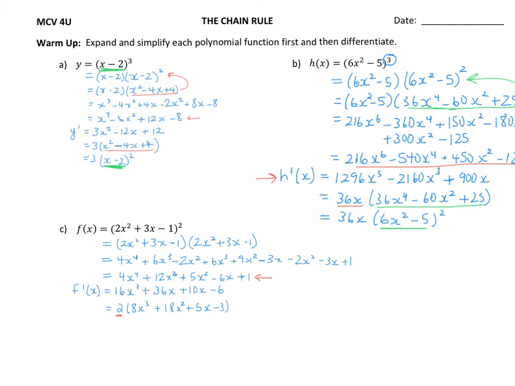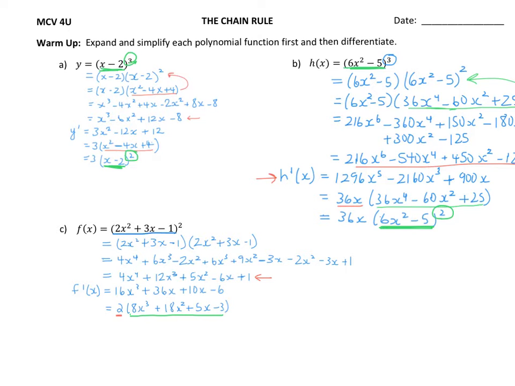And here I had a 6x squared minus 5, and you'll notice I have a 6x squared minus 5 here. And then the powers that are with those all are the older power reduced by 1. So I'm wondering if I could take what I have here and rewrite it as the product of what I have right here times something else. So let's see what we can come up with here.